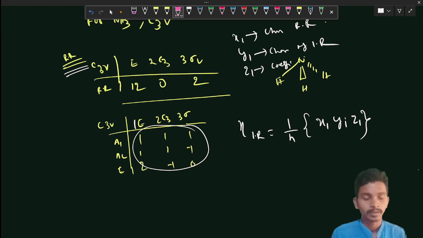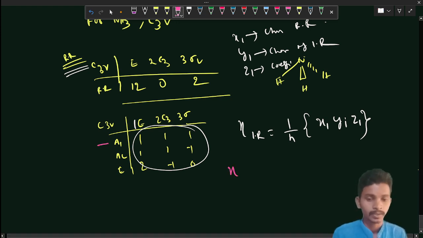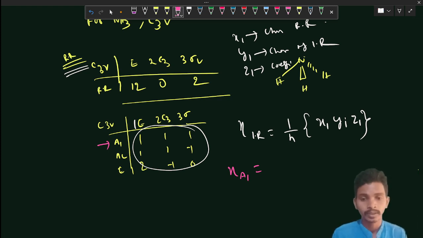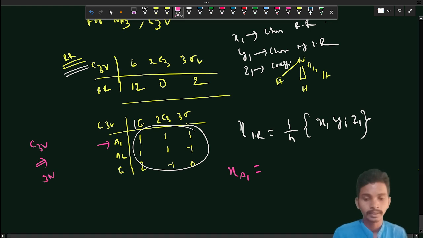First we will start from A1 and use this formula, 1 by h. For ammonia, which is C3v, the order is 2n, where n is 3, so 2 into 3 equals 6.